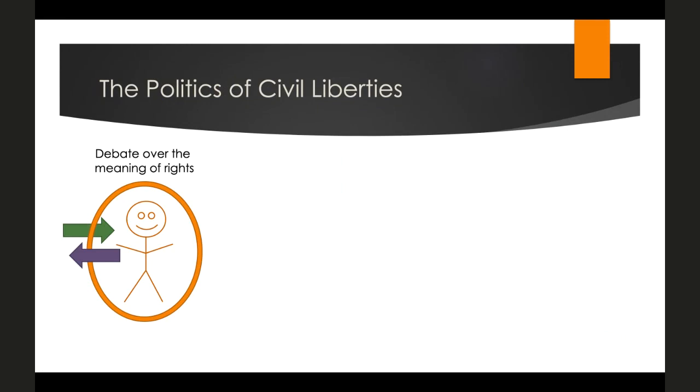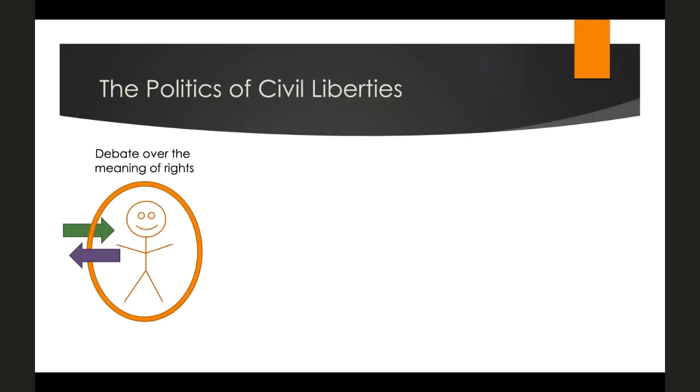And so you have different actors in state and federal governments trying to either constrict this boundary, right, make it smaller, increase the scope and breadth of state power, or expand this boundary, pushing the realm of inviolability of individuals beyond what it currently is.